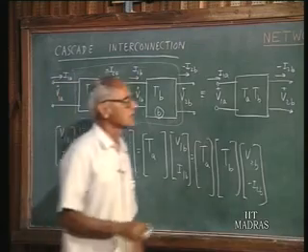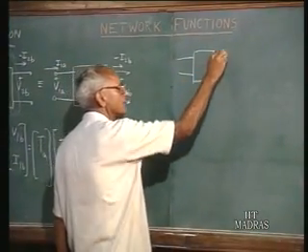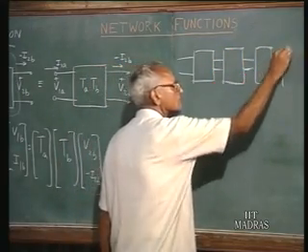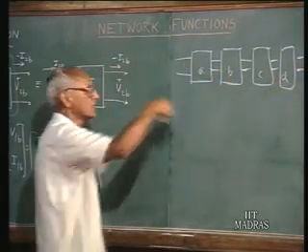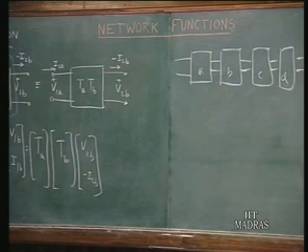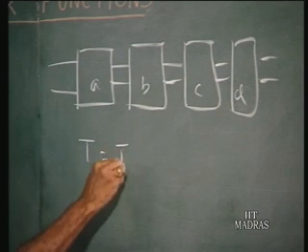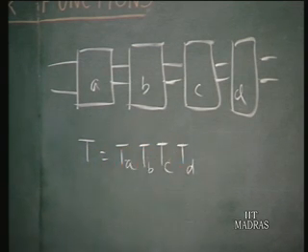So you can see that if I have a whole lot of these networks in cascade, suppose A, B, C, D, all four 2-port networks put in cascade, the overall chain matrix is TA times TB times TC times TD, where these are all individual matrices. The product of all those matrices will give us the chain matrix for the overall configuration. This is a very convenient arrangement.